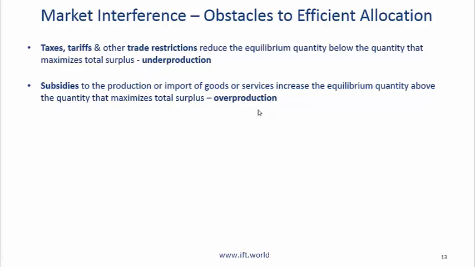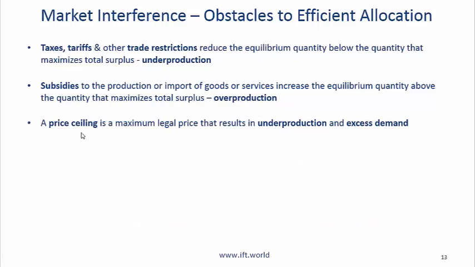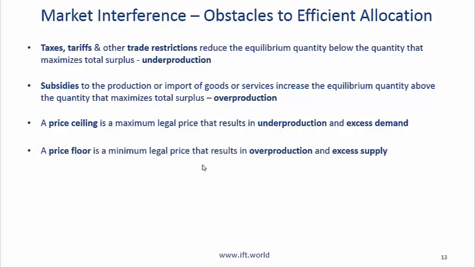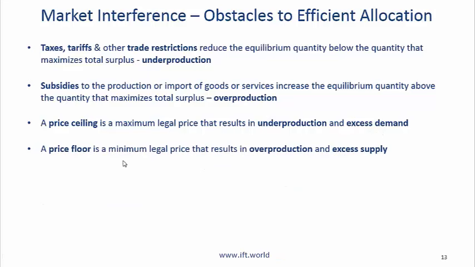This is overproduction. A price ceiling is a maximum legal price that results in overproduction and excess demand. A price floor is a minimum legal price that results in overproduction and excess supply.